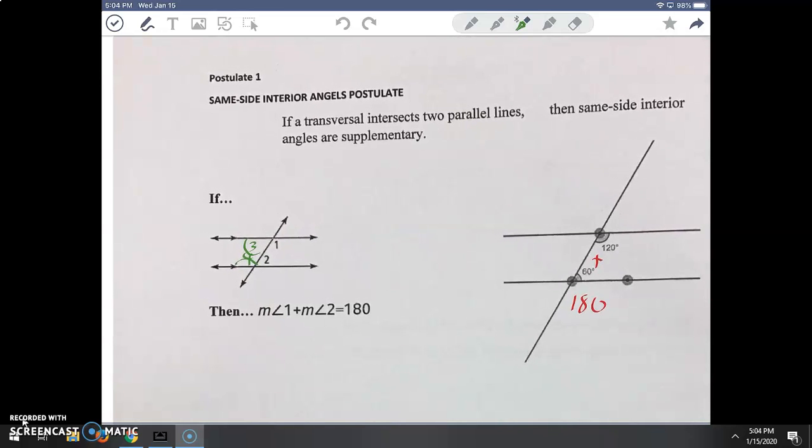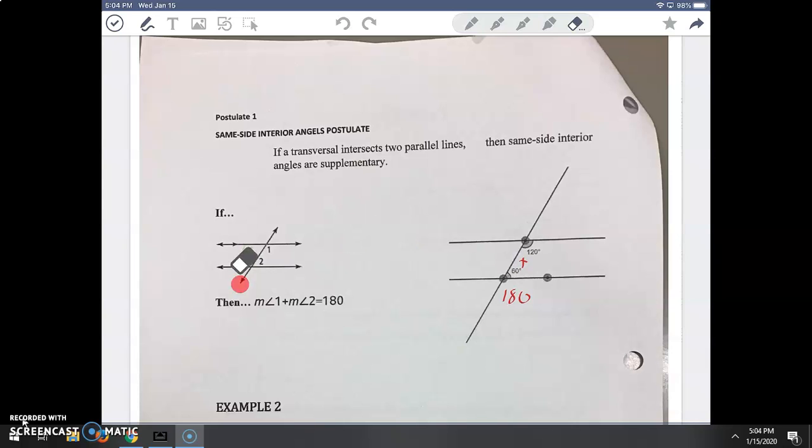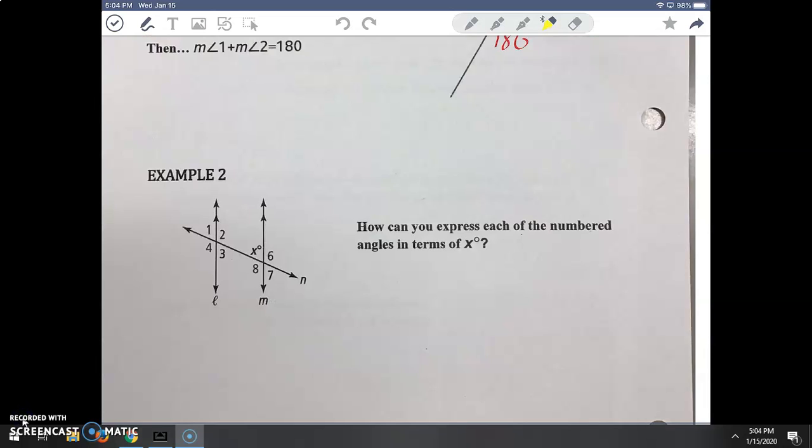So your same side interiors are supplementary. This concludes the end of this video. My time's almost up, but I'm going to add another one.